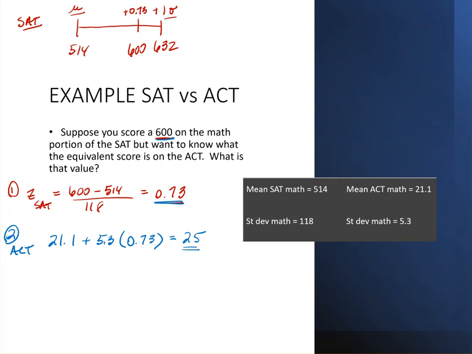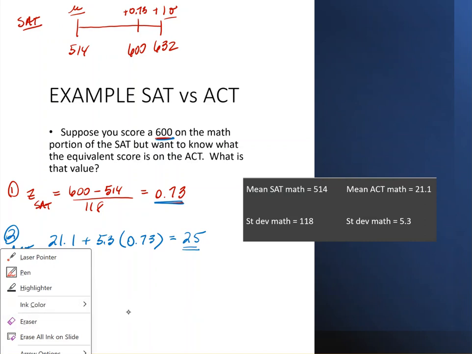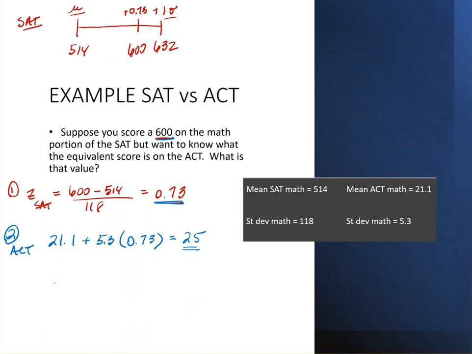Let's compare that then to our ACT. So remember, for the ACT, here's our ACT. We have 21.1 for the mean, and if I move up 1 full standard deviation, so plus 1 standard deviation, I'm going to add 5.3 to that and I get 26.4.